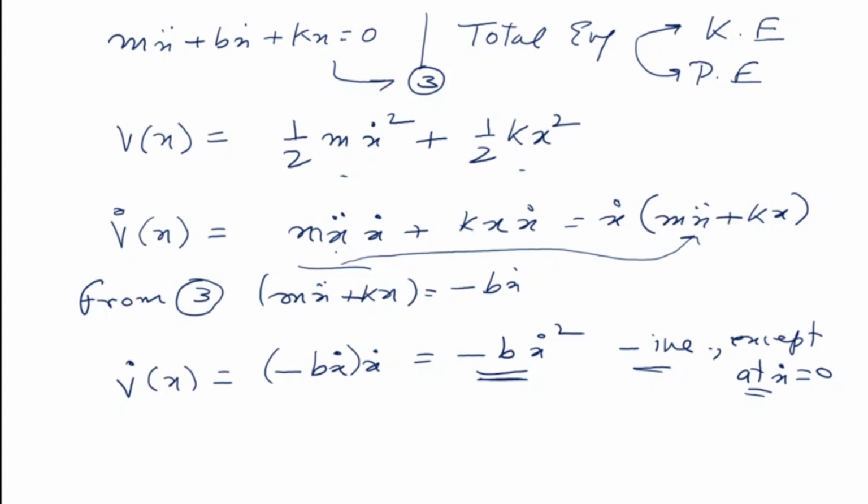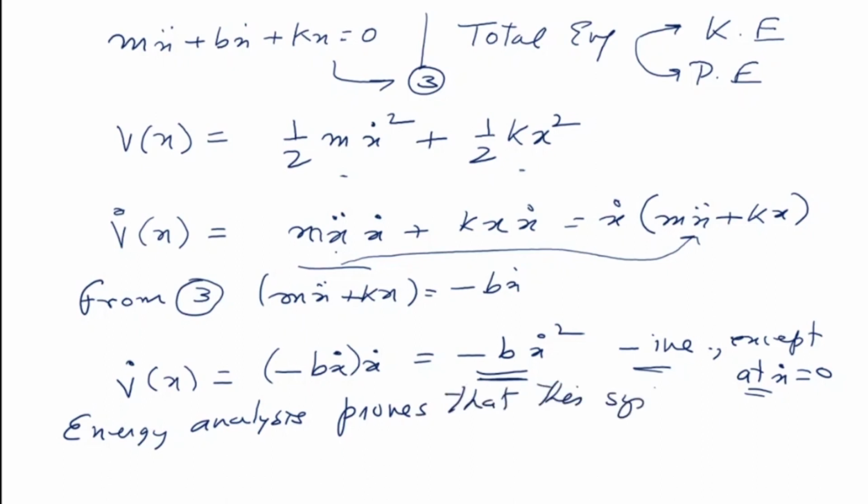So this essentially means that energy analysis proves that the system will eventually come to x is equal to 0. This is what it means, right? So we have a way of trying to analyze if a system will come back to 0 by just looking at the energy.